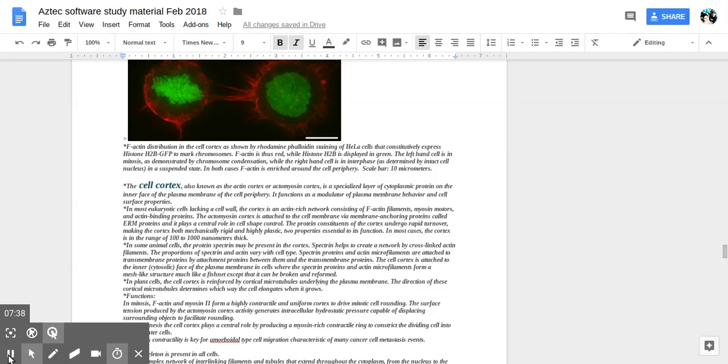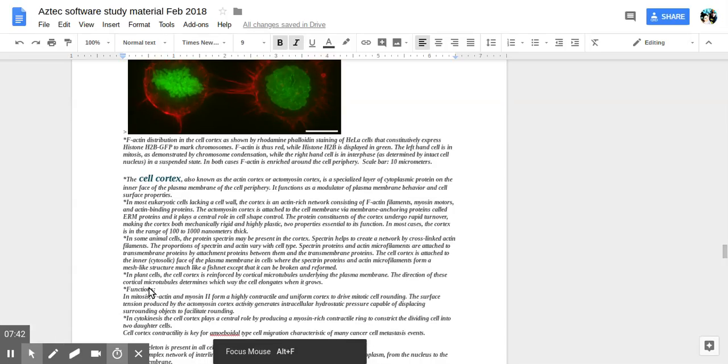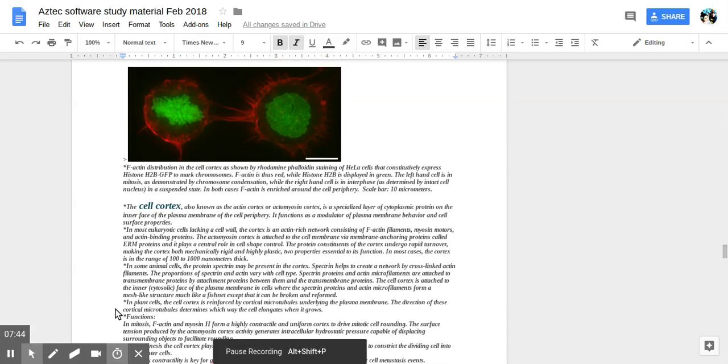So the cell cortex is attached to the inner cytosolic face of the plasma membrane. In cells where spectrin proteins and actin filaments form a mesh-like structure, much like a fishnet, except that it can be broken and reformed. In plant cells, the cell cortex is reinforced by cortical microtubules underlying the plasma membrane. The direction of these cortical microtubules determines which way the cell elongates when it grows.